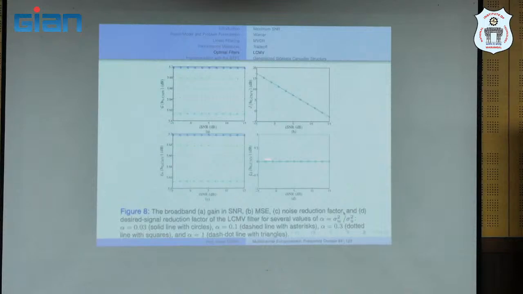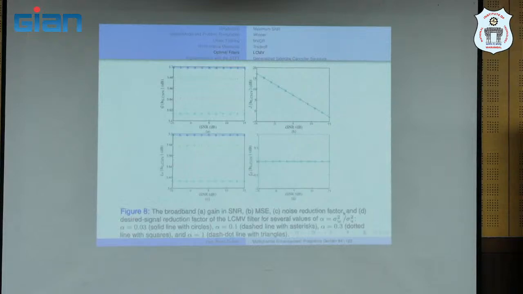Why is the distortion 0? Because of this constraint. LCMV also has no distortion. Distortion is 0. But if the power of this is smaller, in terms of noise reduction, we have less noise reduction.